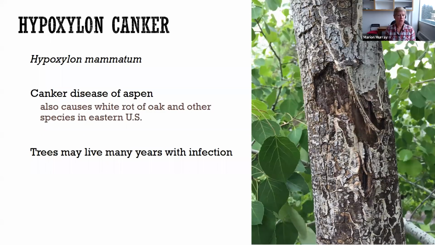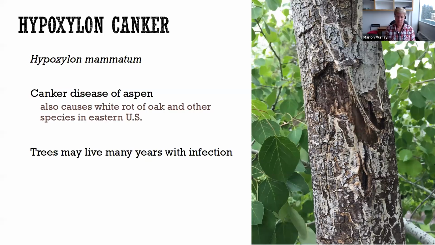All right, so the third one I wanted to mention is a canker disease of aspen called Hypoxylon. In the West, the Southwest, aspen trees can live with this particular canker disease for many, many years. I've never seen it, but I do know in the eastern part of the country and the Lakes region, on the aspen trees there, it's quite deadly.